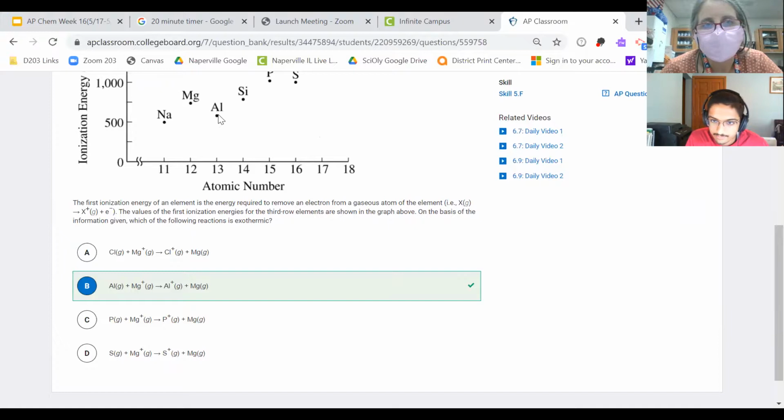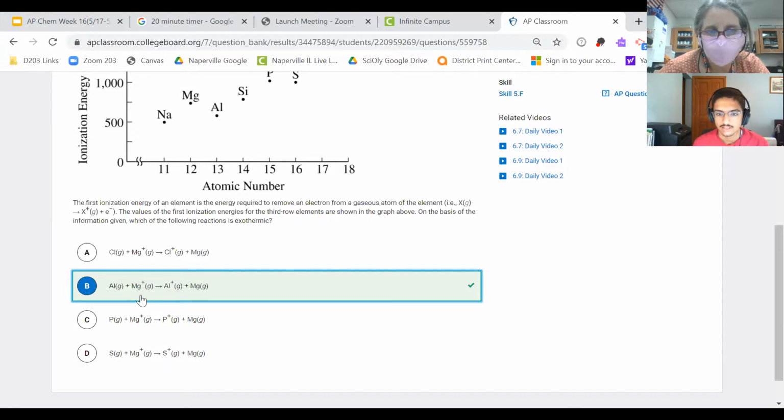Do you see that Al is at a lower ionization energy than magnesium? Yes. So that means aluminum requires less energy to remove that electron than magnesium does, and this is only the first electron to come off. So when we're looking at the correct equation, aluminum is going to require less energy when it becomes Al plus, while magnesium is going to require more energy.